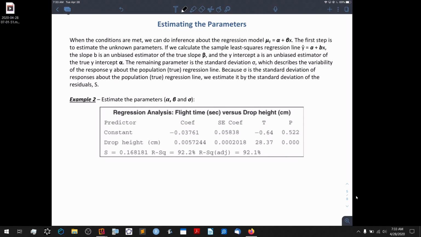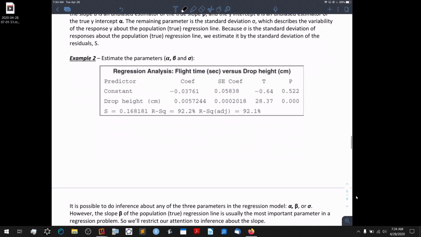And the remaining parameter is the standard deviation sigma, which describes the variability of the response y about the population true regression line. That's the standard deviation of the residuals. So sigma is the population standard deviation of the residuals, and we're saying that the sample standard deviation of the residuals is an unbiased estimate of it.